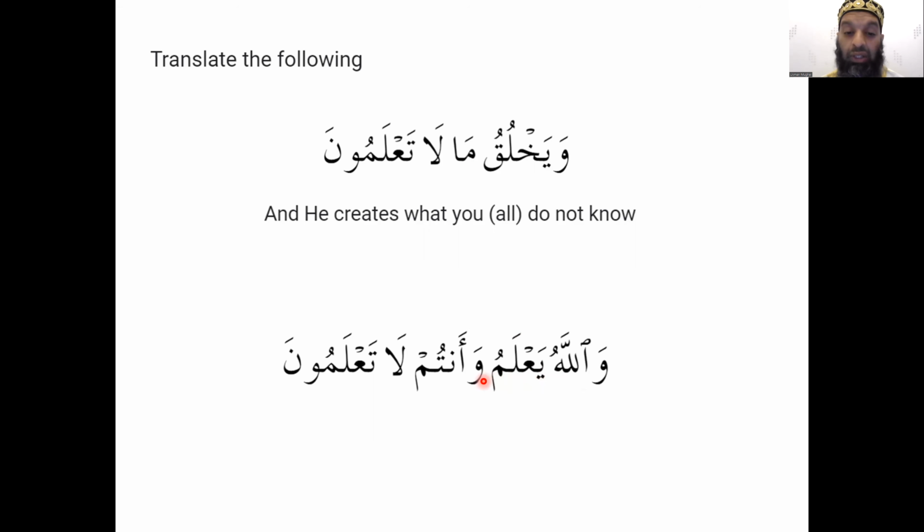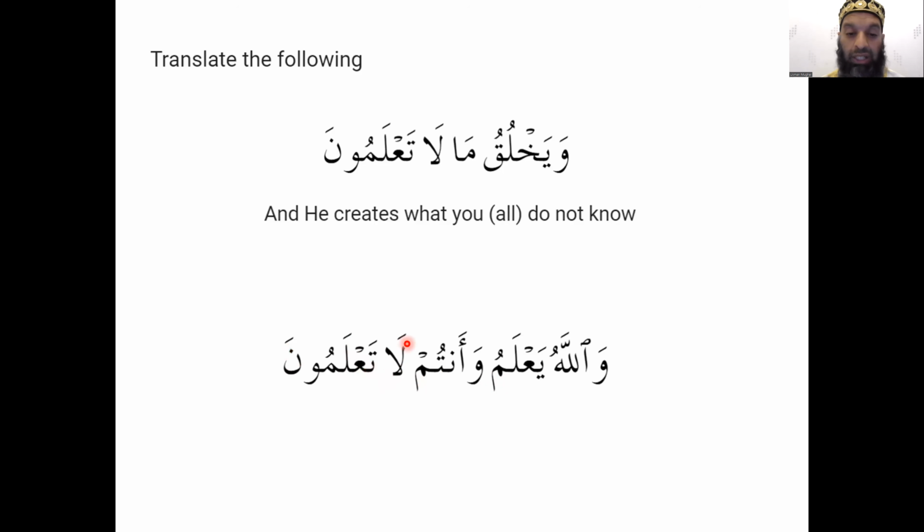Wa, and antum. Antum is lesson 3, I think we did. What does antum mean? You all. La, not. La means not. Ta'lamuna, you all know. So, and Allah, he knows, and you all do not know.